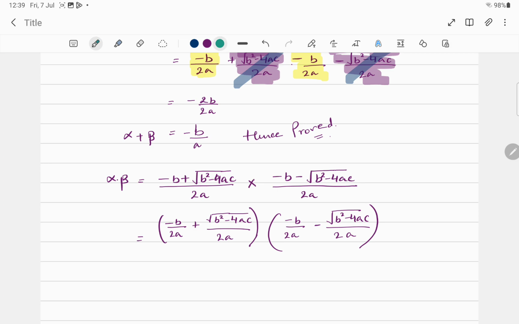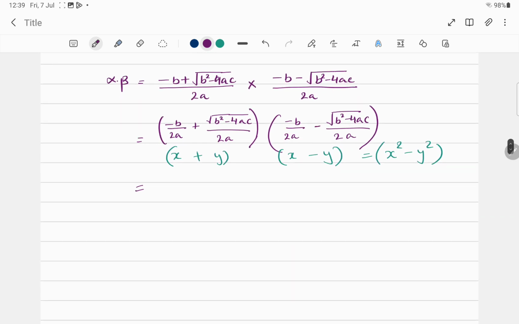So here we can see that we have x plus y and x minus y, and we know that that is equal to x square minus y square. All right, so we will use this algebraic identity and solve it. So now we will be left with minus b over 2a whole square minus square root of b square minus 4ac over 2a whole square.